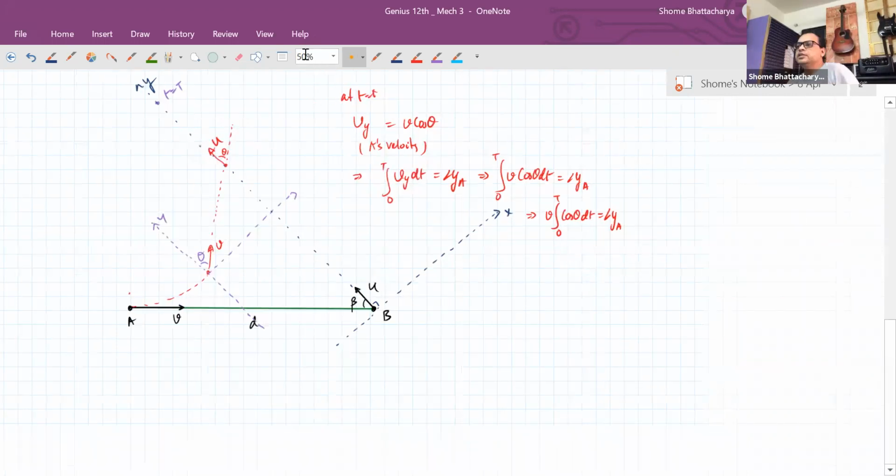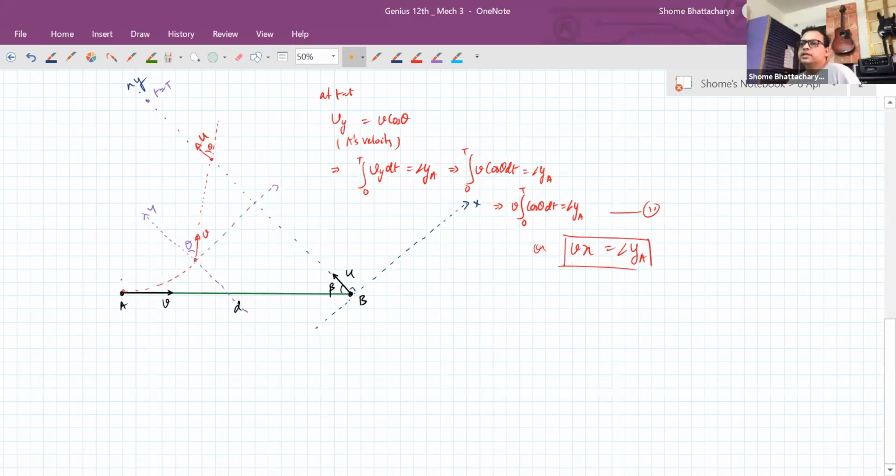Now on the other hand, if you compare, A was over here at t equal to 0. So from here to here, from the initial to capital T, how much has A traveled along the y-axis?